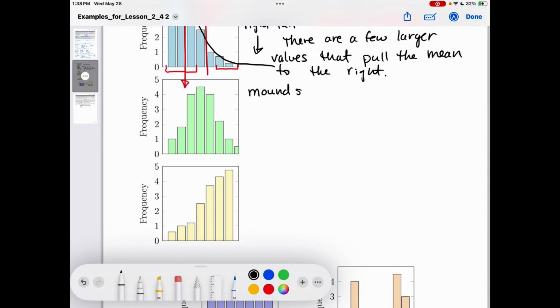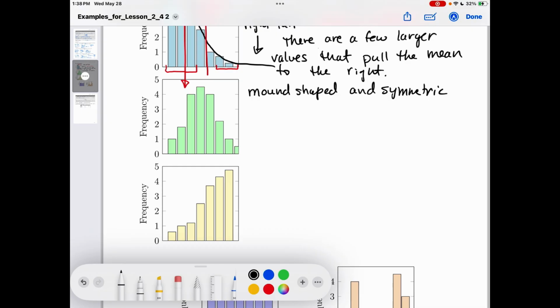All right, let's look at the next graph. The next graph is what's called mound-shaped and symmetric. It could also be called one peaked and symmetric, or it could be called bell shape.